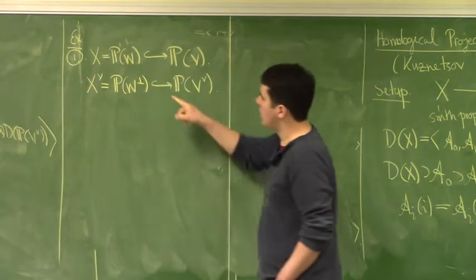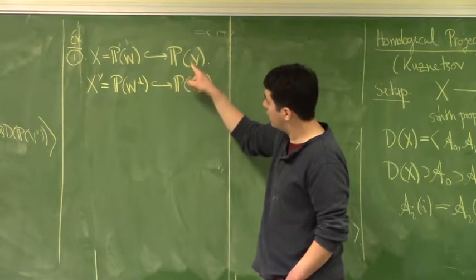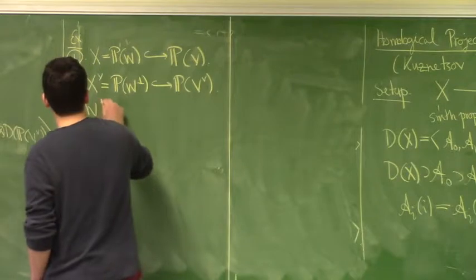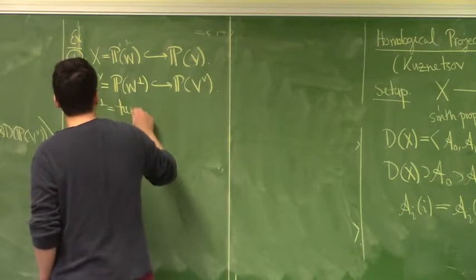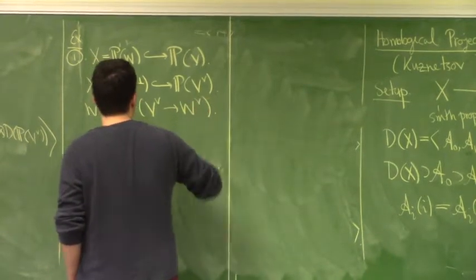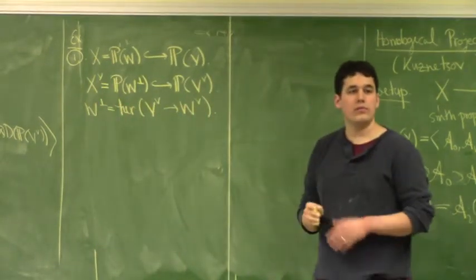By the orthogonal, I just mean the orthogonal under the pairing between V and V dual. Or in other words, this V perp is just the kernel of the restriction map from V dual to W dual.